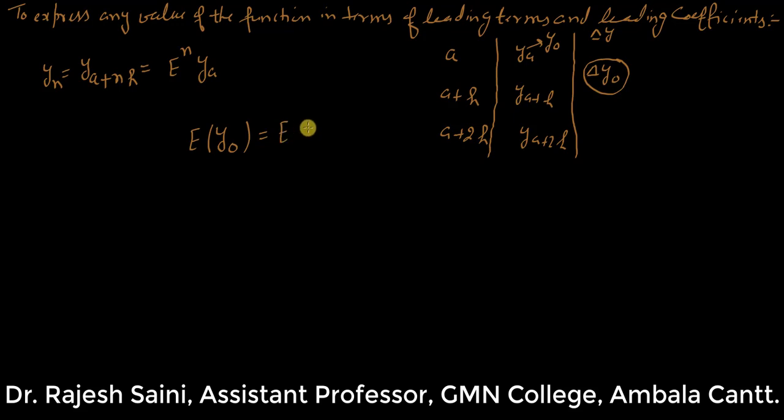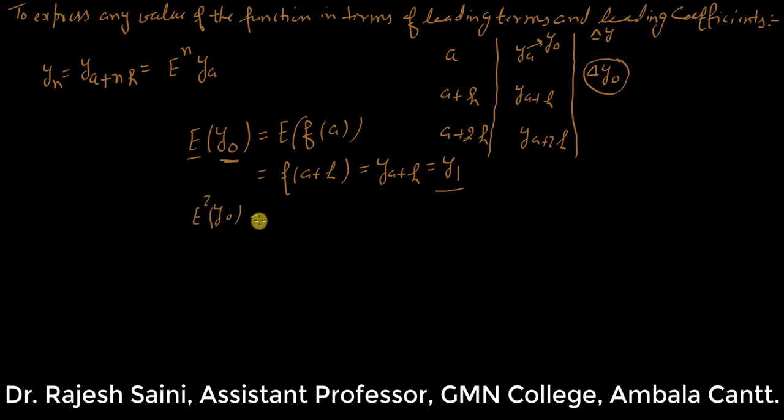If y naught is equal to f of a, this shift operator will shift it to a plus h, you know the property, and this value is termed as y1. So once we apply the shift operator, it goes to y1. If we apply it 2 times, it will go to y2, and if we apply n times, it will go to yn.